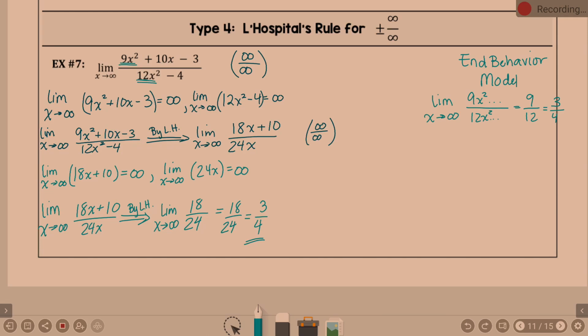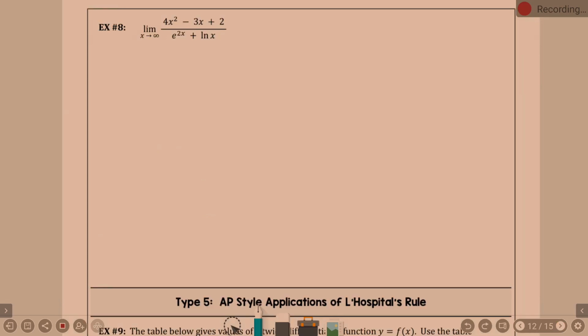Let's look at number 8. Limit as x approaches infinity. If I pause and think about this, my top is a typical polynomial; its highest power is 2. My denominator is not exactly that, is it?